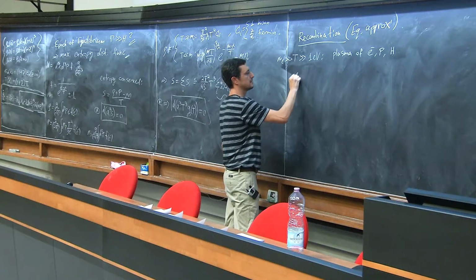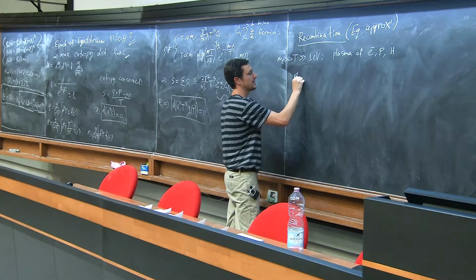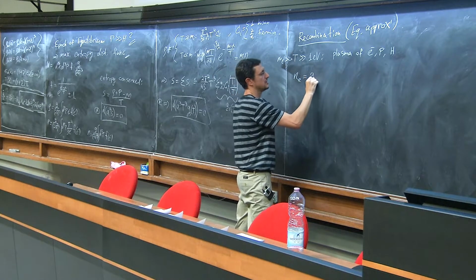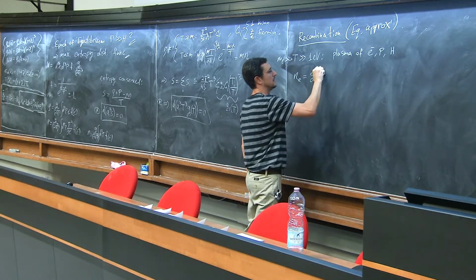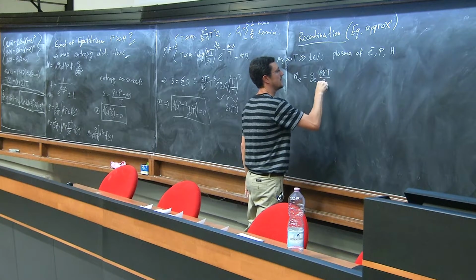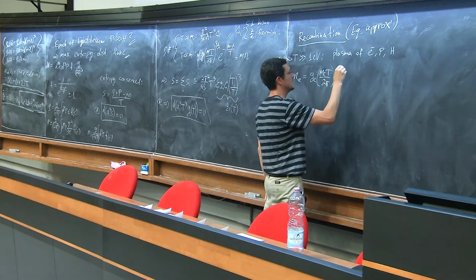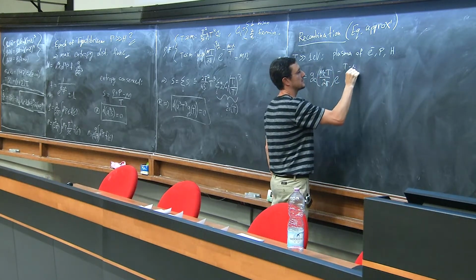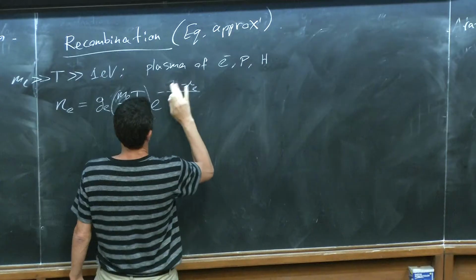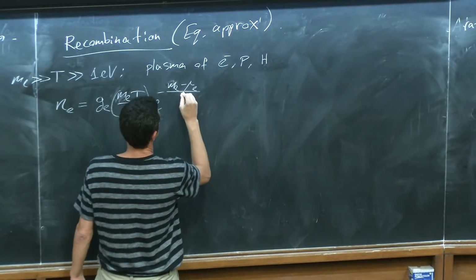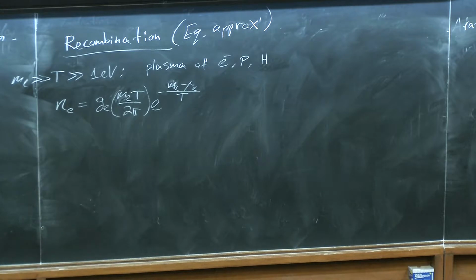So the number density, for instance, of electrons is g_electron (m_e T over 2 pi)^(3/2) e to the minus (m_e minus mu_electron) over T.